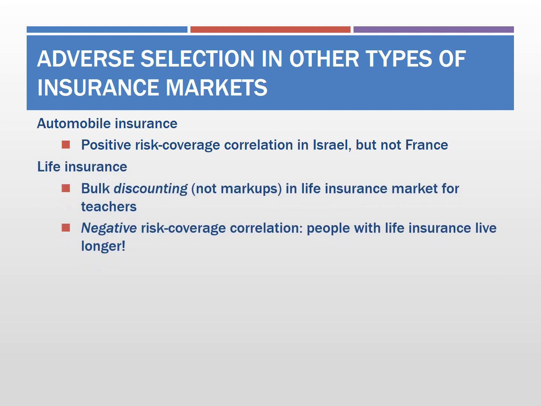Life insurance is another insurance market where adverse selection studies have been done in past years. One specific prediction of adverse selection models in the life insurance market is that if customers know their mortality risk better than the insurer does, the life insurance market should always be dominated by the sickly, not the well.